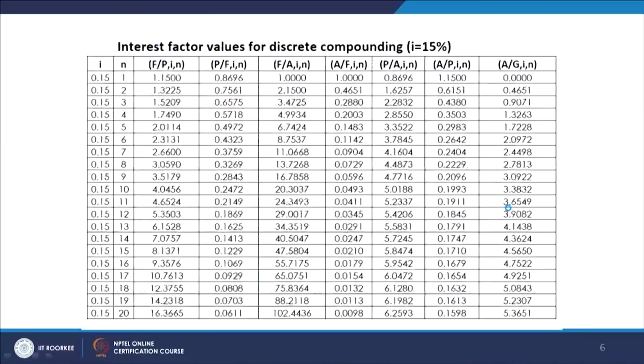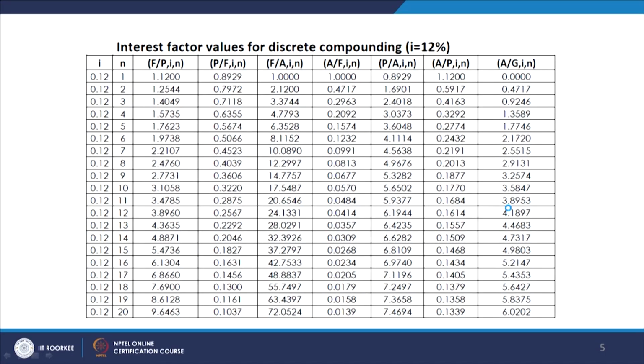You can further verify it when you are going to solve the questions later on. You can verify this value from the table of the interest. It is for 12%, so you go for the 12% table, and for the 12% table n is 5 and the factor is F by A I n. So this is your F by A I n, and you will go to 5.